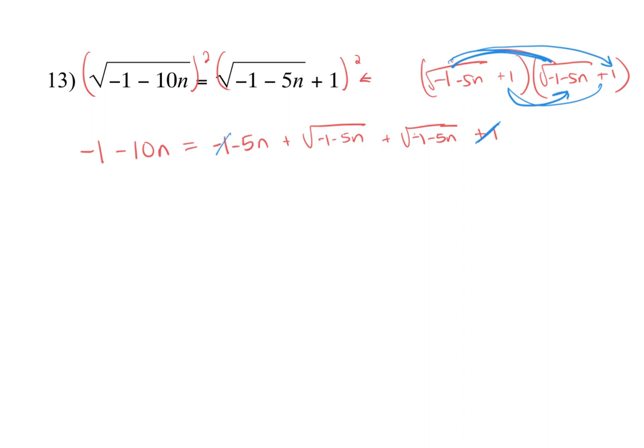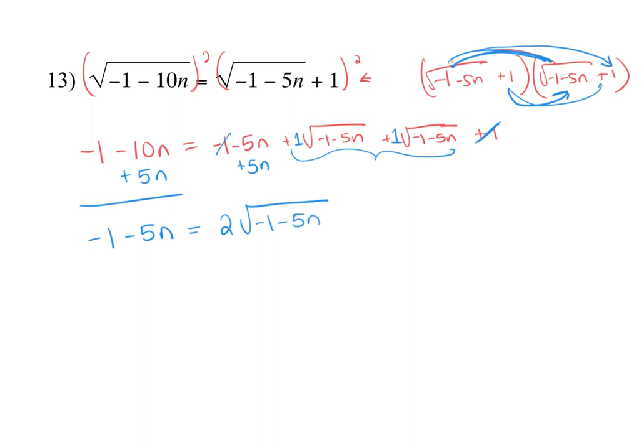I want to move everything over that's not a radical. So I'm going to move this 5n over. Get it out of the way. So over here I have -1 minus 5n. And over here I have 1 times the radical plus 1 times the radical. That gives me 2 times my radical.